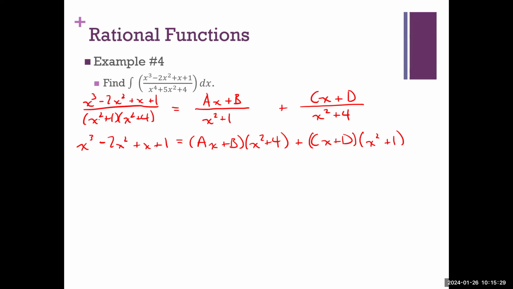Okay, if I do x equals 0, then what does that give me? One equals 4b plus d. Yeah. So that didn't get me one of my unknowns, but it got me a simple equation.